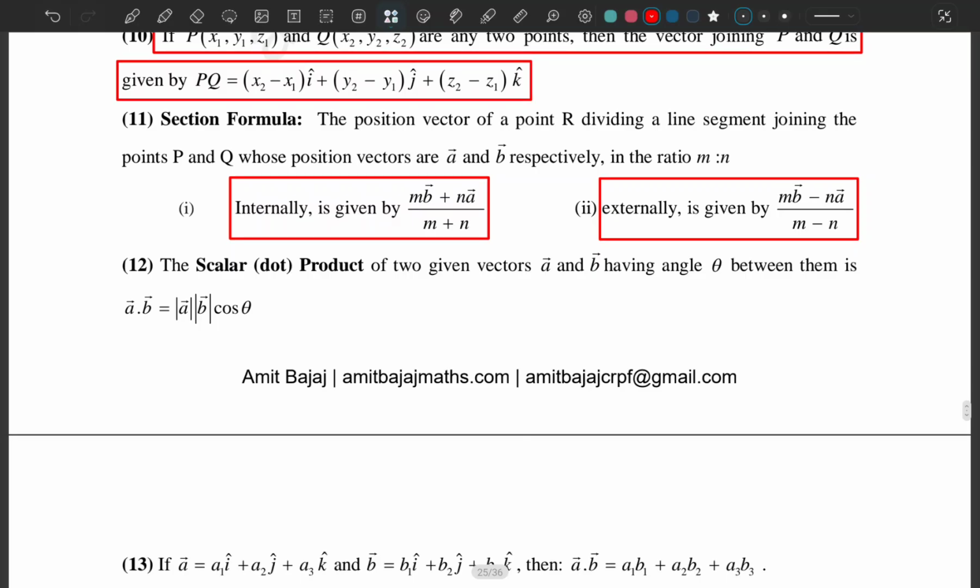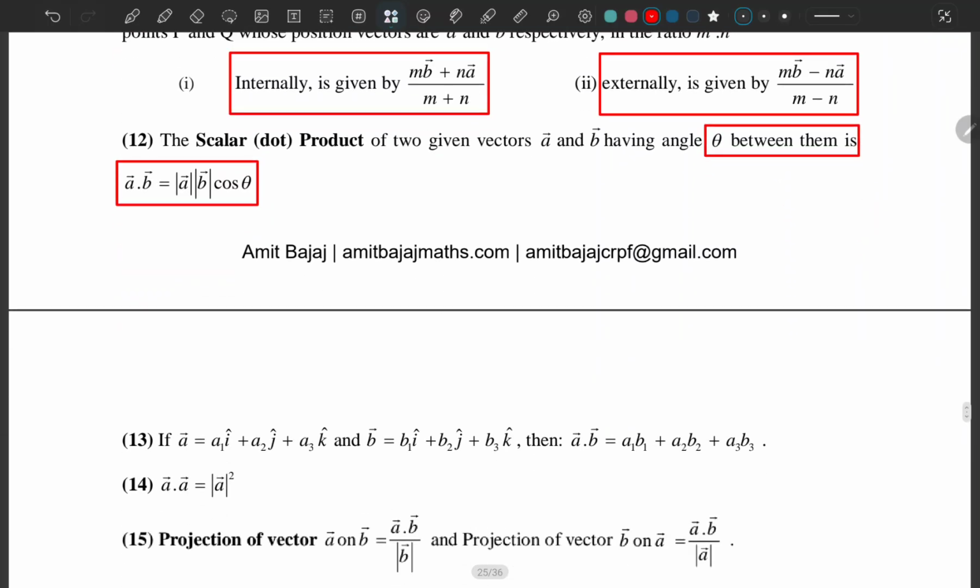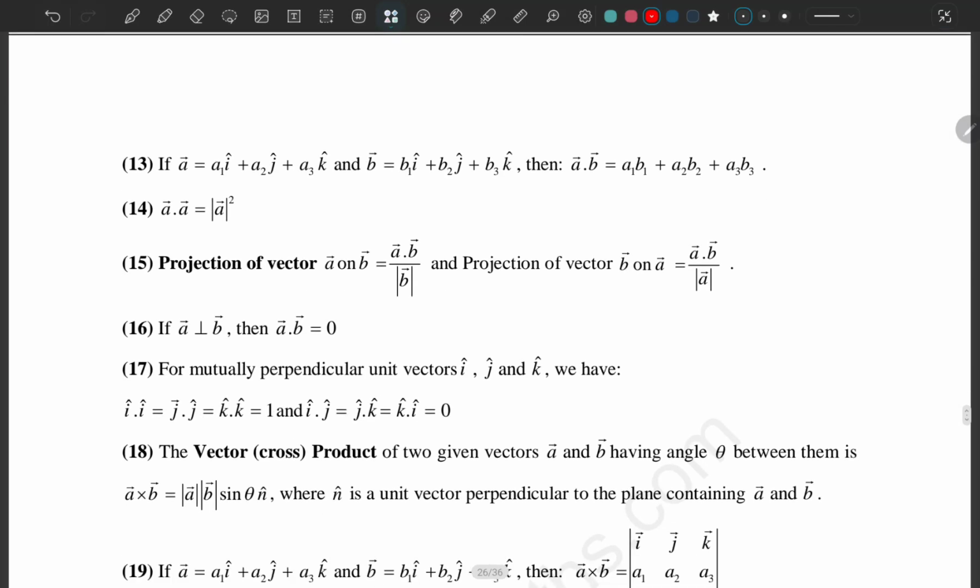And now the scalar or dot product: a vector dot b vector is the magnitude of a vector times the magnitude of b vector times cosine of theta. Theta represents the angle between these two vectors. Okay.